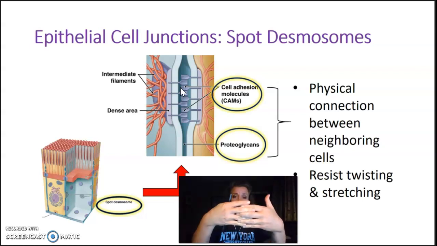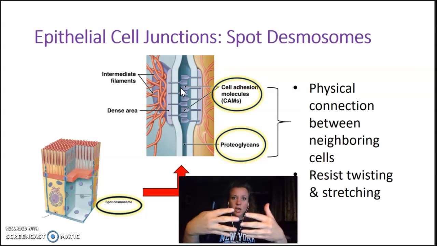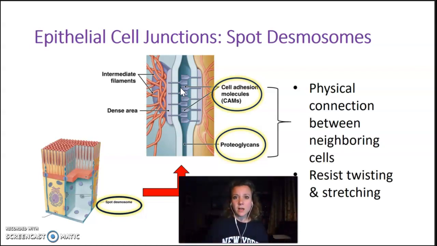They're going to come together like so, just like your fingers interlock with each other. The main goal of these is to prevent the twisting and to prevent separation of the cells when they come under stress.